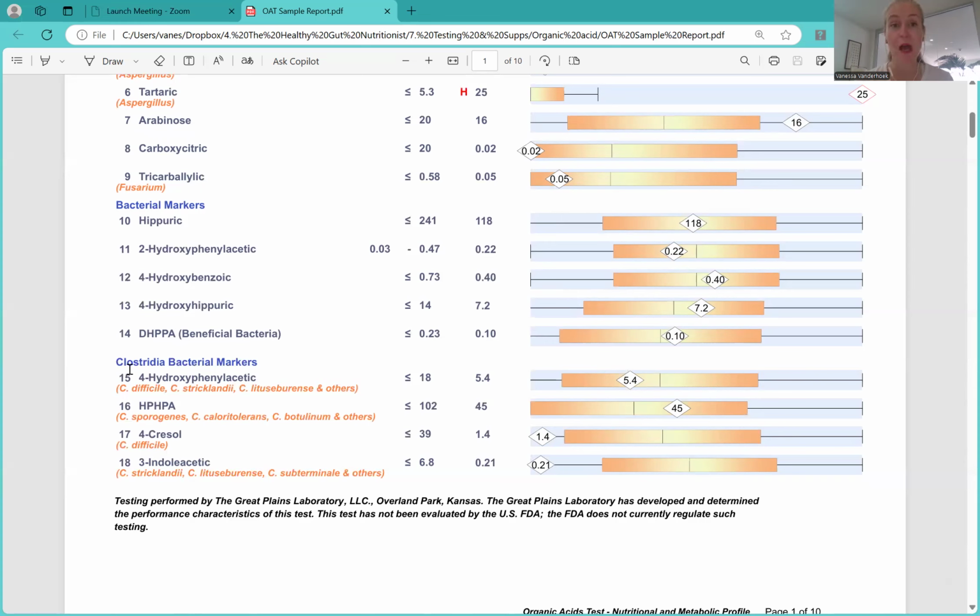Clostridia, I see this a lot with my children in my clinic who have ASD in particular. If Clostridia comes up, we have to treat it. We have to get rid of it. It impacts dopamine, and it reduces what's called norepinephrine, which causes that 0 to 1,000 in anger.